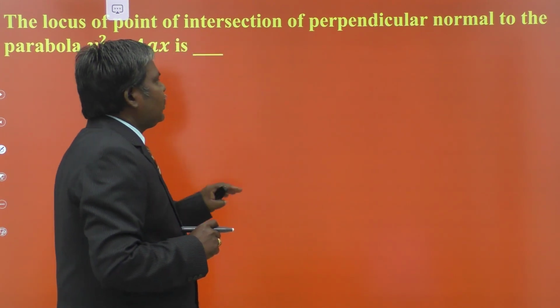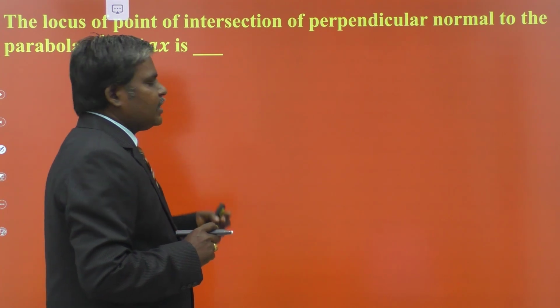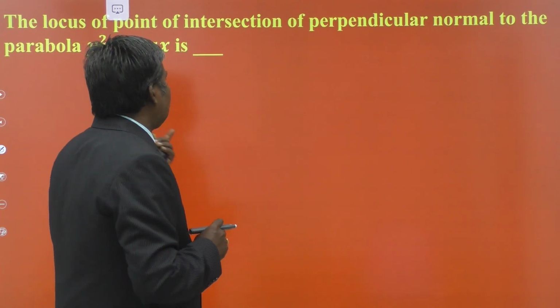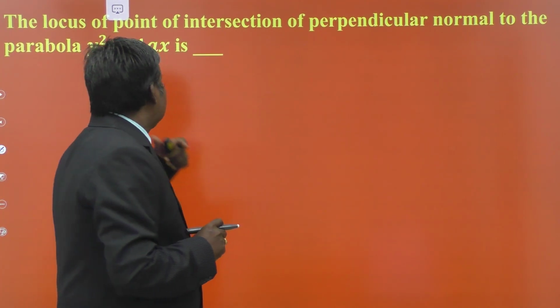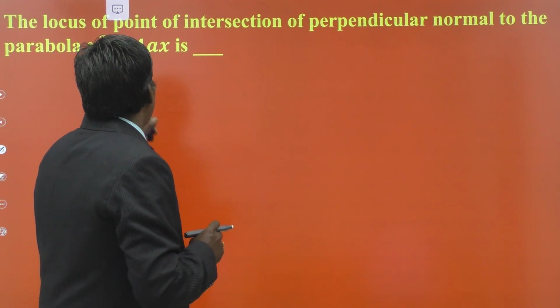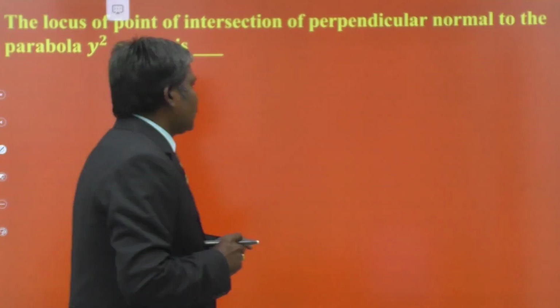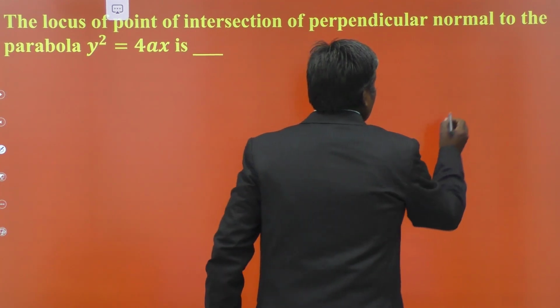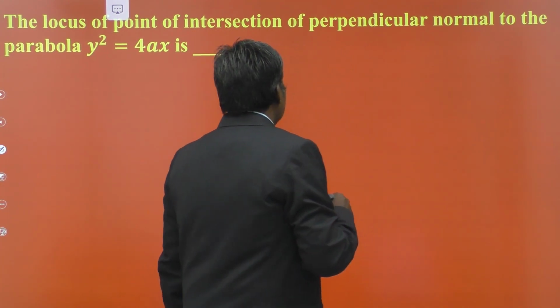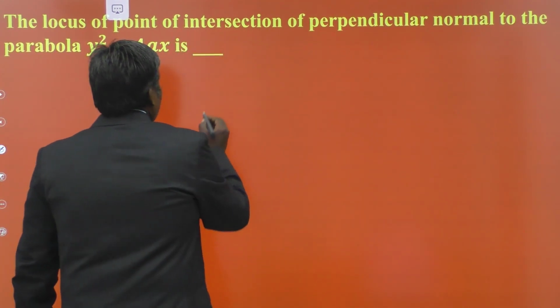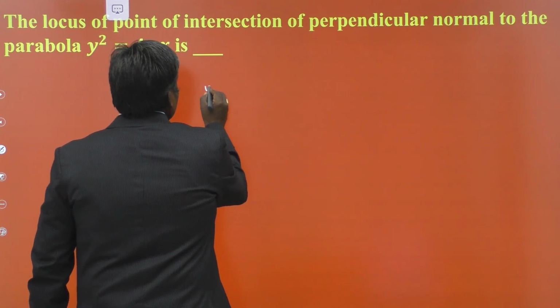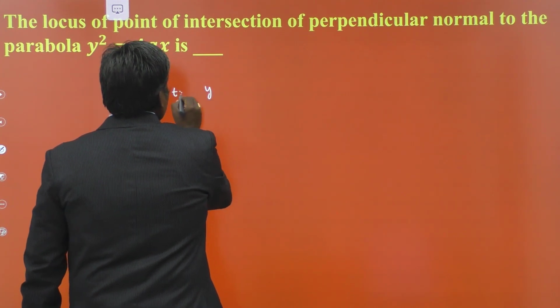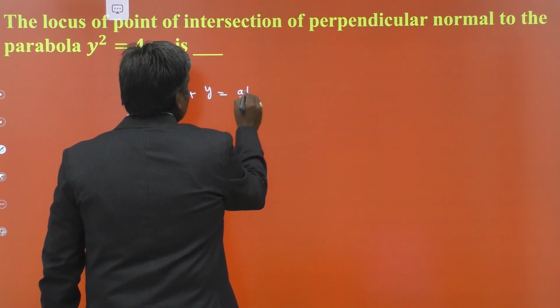By finding the point of intersection itself, you can find the locus, or otherwise you write the general normal and find the locus also. So the equation of normal to the parabola is what? tx plus y is equal to at cube plus 2at.